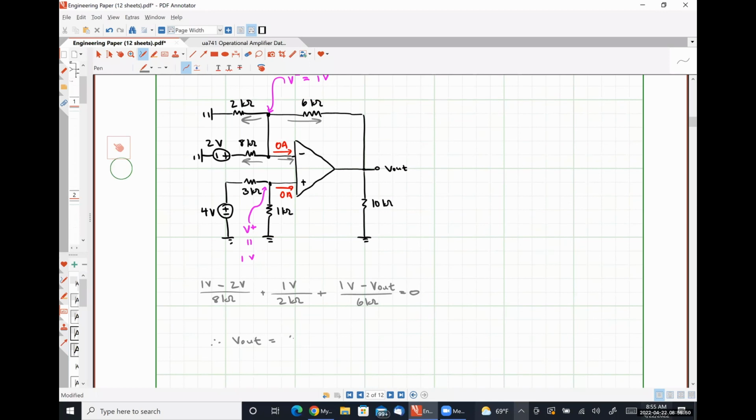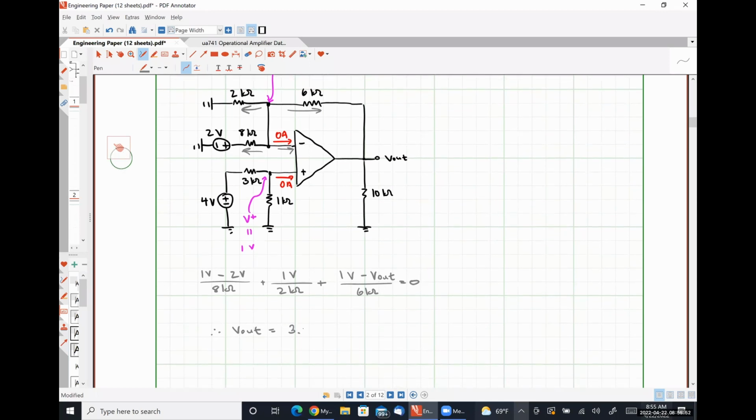I get positive 3.25 volts. Did anybody else get that?